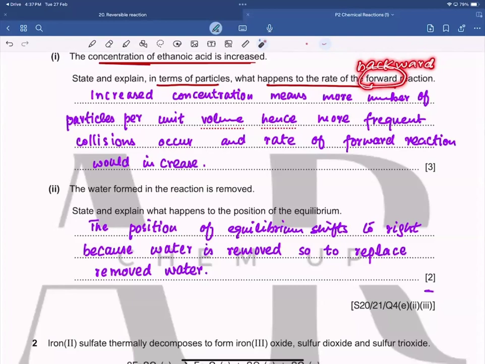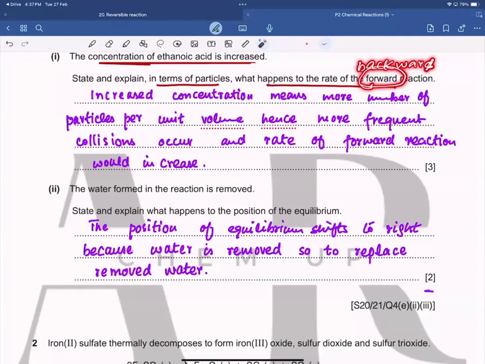That is the trick which the examiner played over here. Whenever we are talking about rate, it doesn't matter whether it is the forward or the backward reaction, rate would always increase when the concentration is increased, and rate would always decrease when the concentration decreases. Decrease in concentration means a lesser number of particles in a specific volume, which means particles are further away.